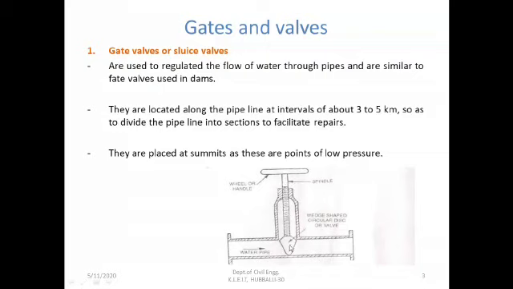And you can see here the wedge shaped circular disc or the valve, which helps to stop the flow or to facilitate the flow. These are usually used to regulate the flow of water through pipes and are similar to the valves used in dams.